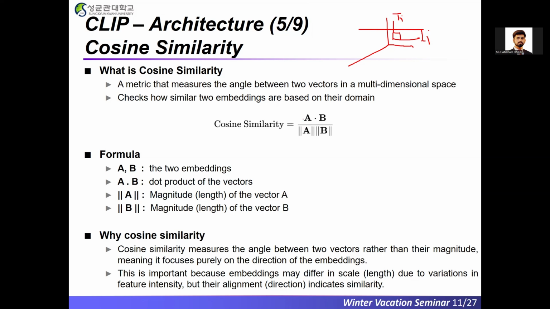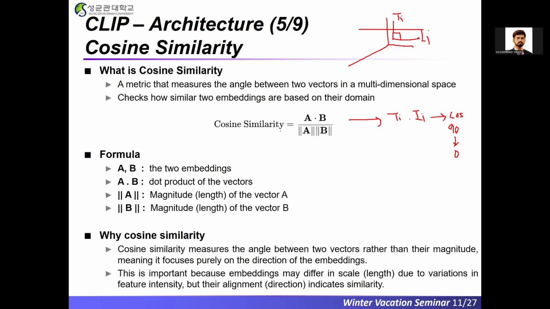So when we try to find this cosine similarity, for example, A is basically Ti and B is basically Ii. This will give us 0 because this dot product is basically cos of the angle, and the angle is 90, so cos 90 will give us 0.